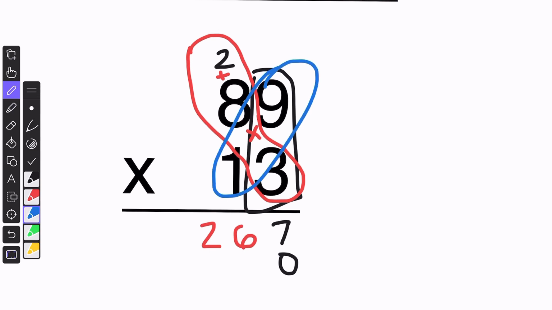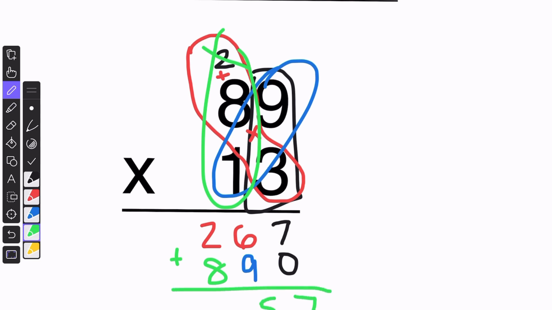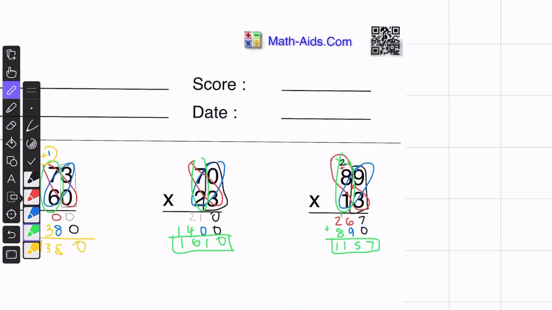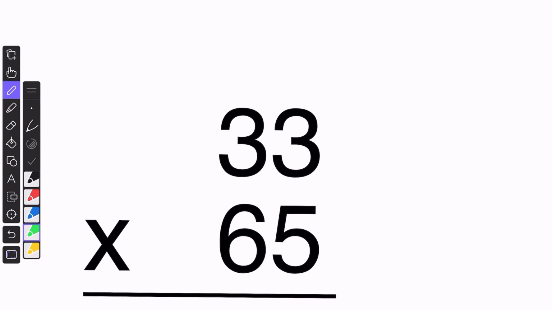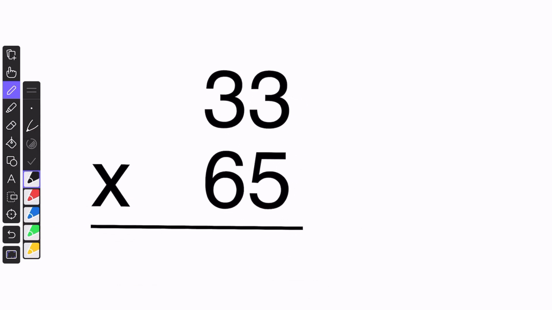Step 3, 1 times 9, 9. Step 4, disregard that 2 over there. It's going to be 8. 7, 5, 1, 11,157. Hopefully you guys are getting the hang of it. I know it's a little difficult.